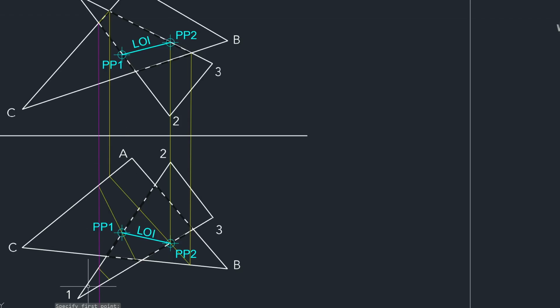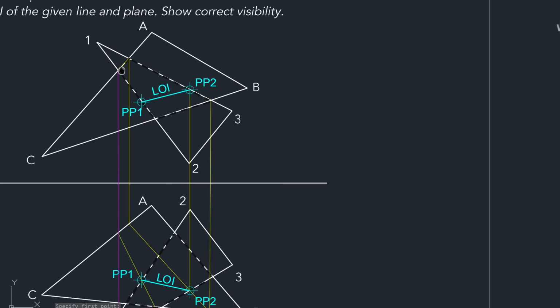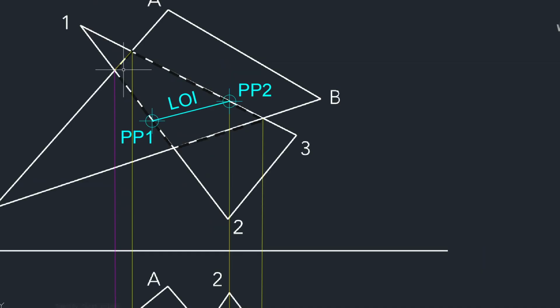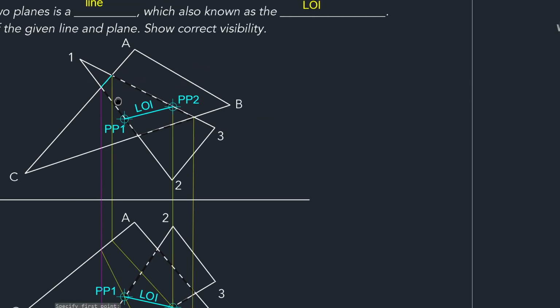This is AC. 1, 2 is still down here. Therefore, AC is on top. So, AC should be solid. Meaning it is solid. So, we can draw this one as solid. Solid AC. Okay.